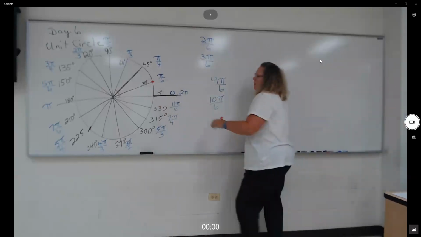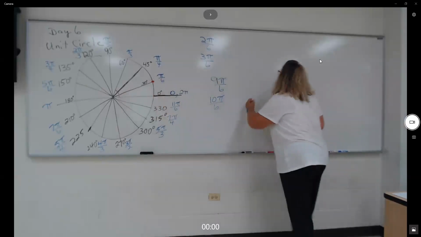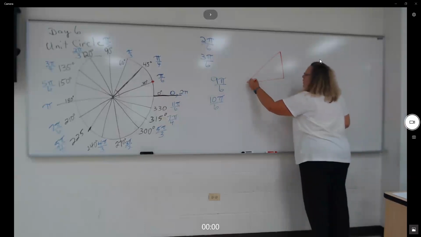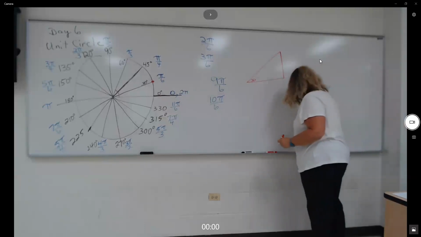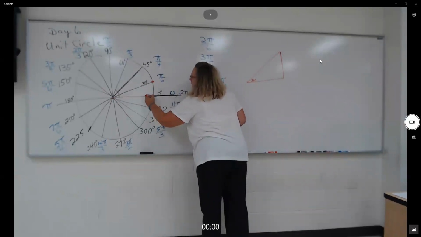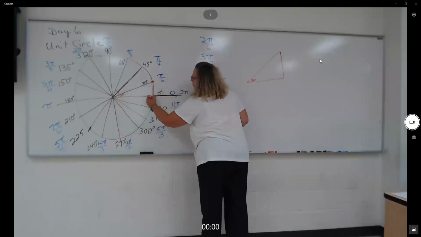So now remember, this 30 correlates with this angle. So let's look at this triangle. We'll draw in this triangle. This is 30 degrees, and then I'm going over till it forms a right angle.